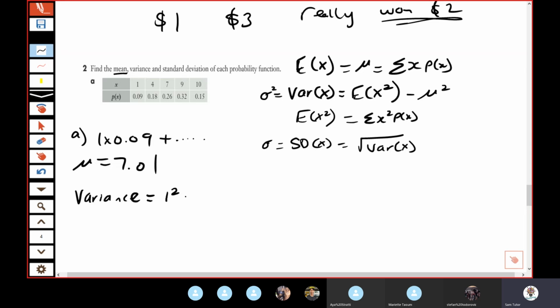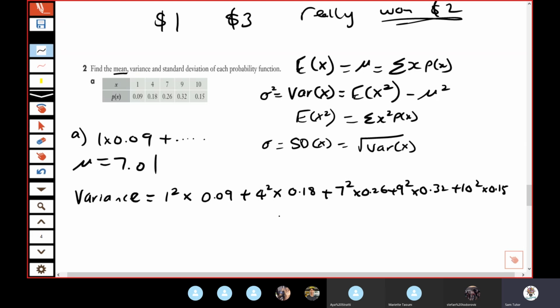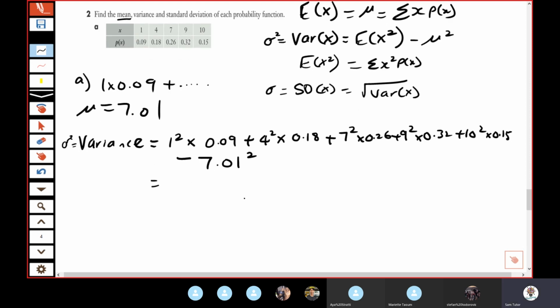So 1 squared multiplied by the probability plus 4 squared multiplied by the probability plus 7 squared multiplied by the probability plus 9 squared multiplied by the probability, and the last one squared multiplied by the probability, minus mu squared, so minus 7.01 squared. That's variance, which is sigma squared. Does that make sense, guys?